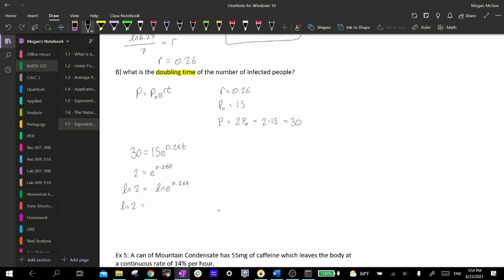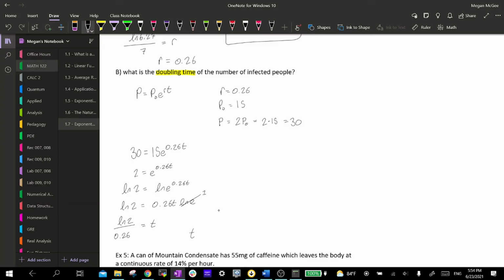So we have the natural log of 2 is equal to 0.26 t times the natural log of e, which again, we know is 1. So we can divide both sides by 0.26, so we have the natural log of 2 over 0.26. That will be our t value.